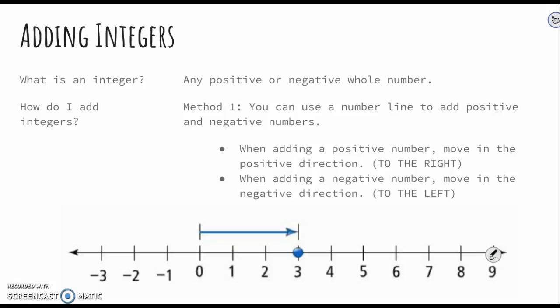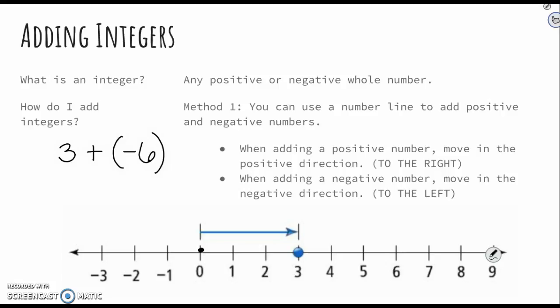As you can see, we always start at 0. From 0, we go to positive 3 on this number line, which means 3 is the first part of our problem. To 3, we are going to add negative 6. So we start from 0, move over to positive 3, plot our point, and now we are going to take 6 away, or add negative 6.